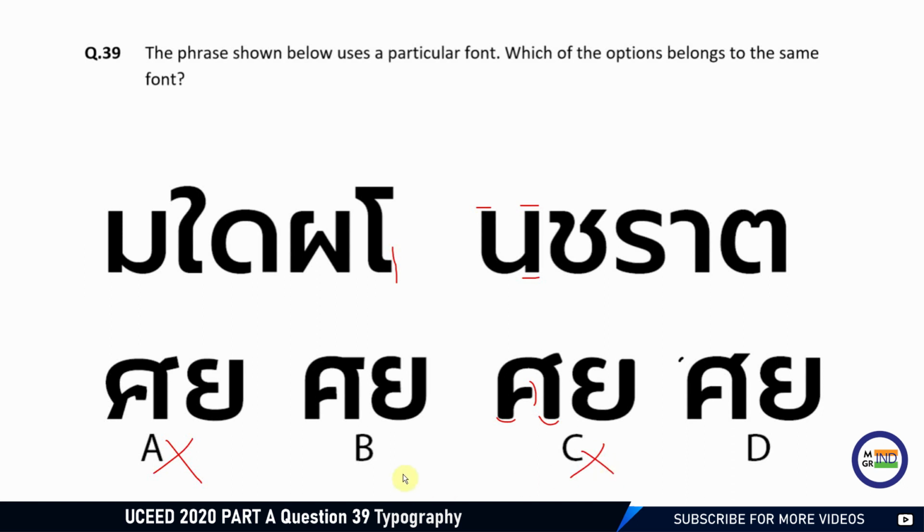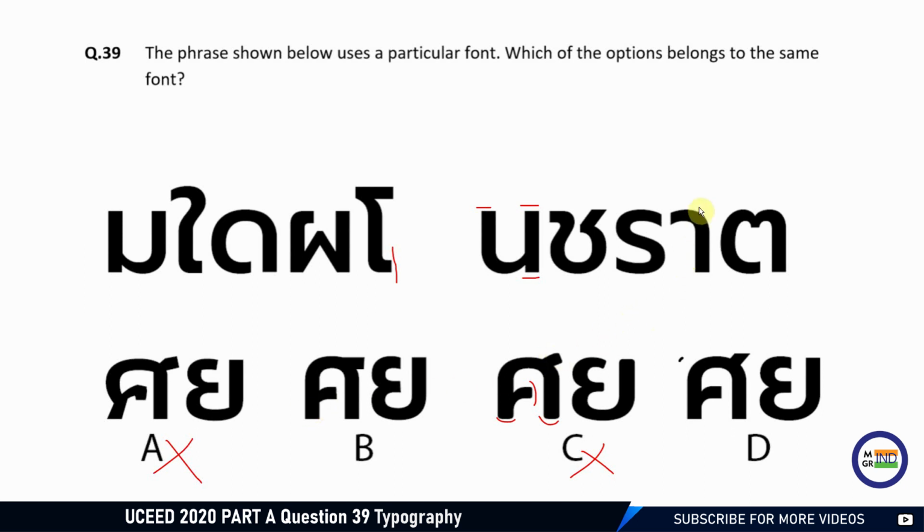To be very honest, I had to face a few difficulties while analyzing whether my answer should be B or D. By closely observing, I noticed that B is having a constant stroke throughout the letters. The thickness of the stroke is the same throughout.